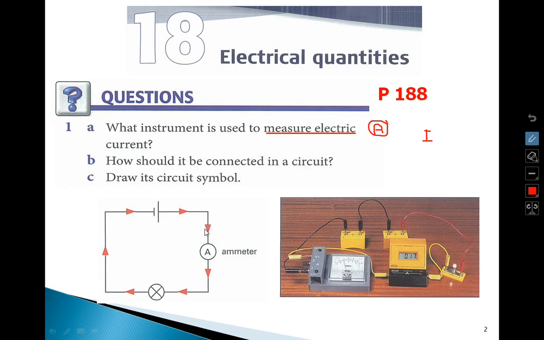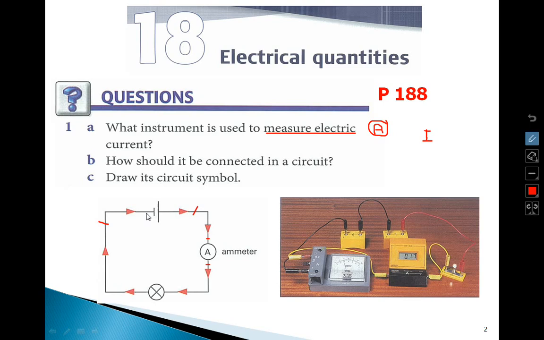So an ammeter could be put anywhere in this circuit, in series with the power supply. One side of the ammeter is connected with the positive, and the other side with the minus. We can put it here, here, or here, anywhere in the circuit.